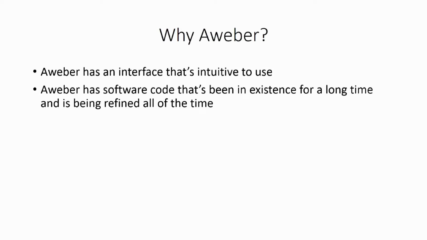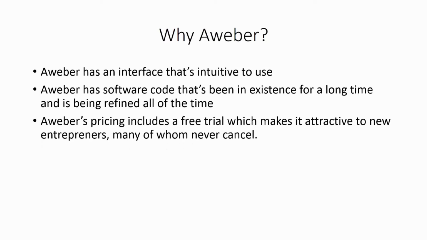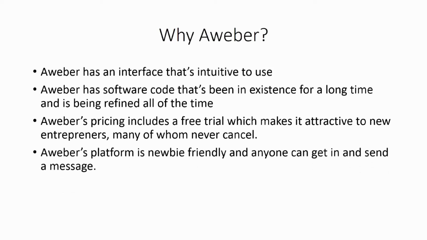That makes it easy for some of these companies we've been talking about to integrate with them. Their pricing model has been the same for almost a decade. It always includes a free trial and makes it attractive to new entrepreneurs, many of whom get started with Aweber and never cancel. And Aweber's platform is newbie friendly.